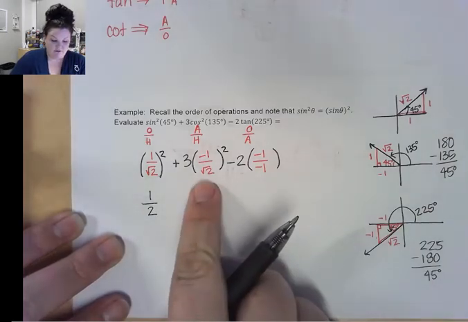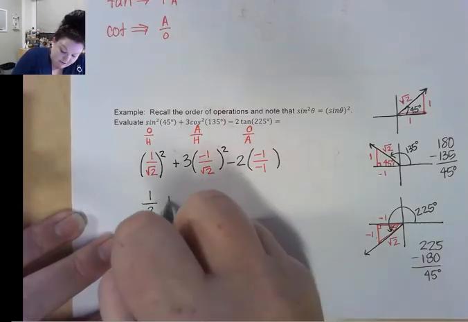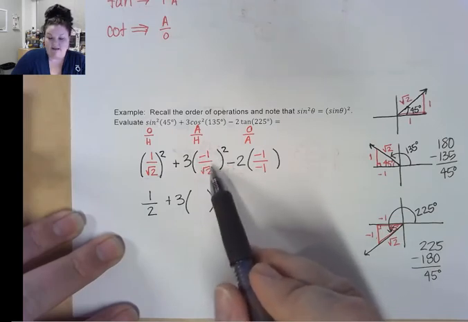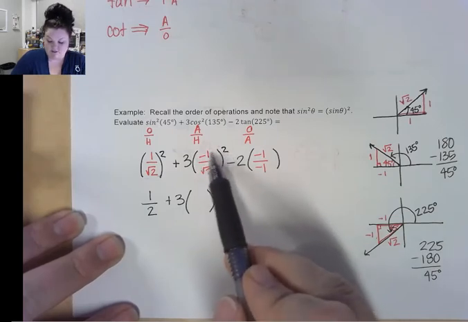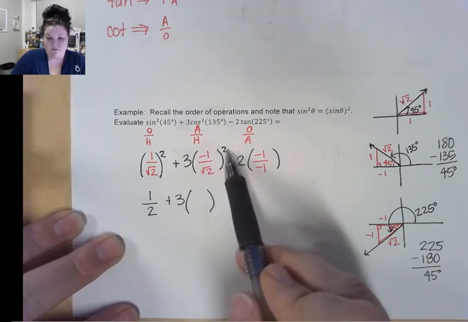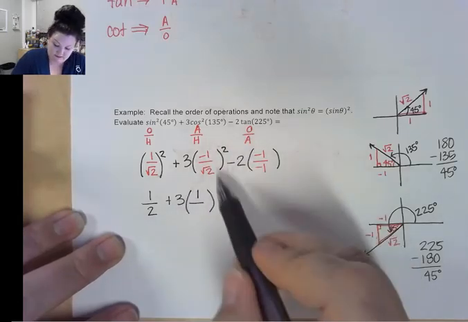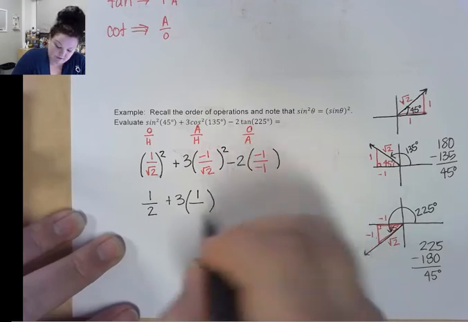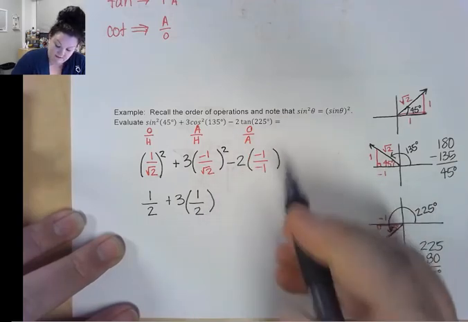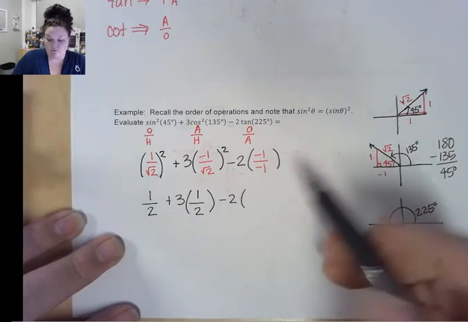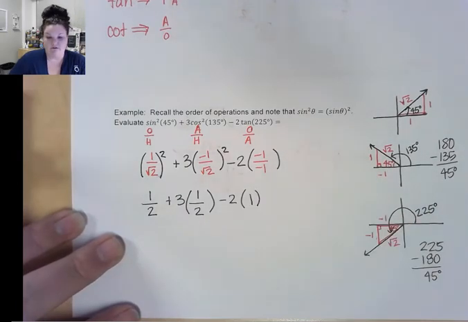My middle value here, I'm going to leave the +3, and then I'm going to square in here. Again, when I square a fraction, I square the top and I square the bottom. When I square the top, that becomes a +1. When I square the bottom, it cancels out my square root. Okay, and then over here I have -2 times -1 over -1, which is just 1.